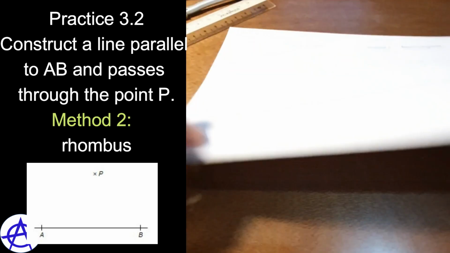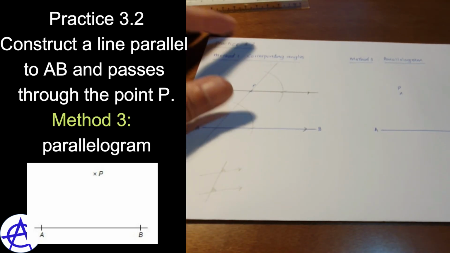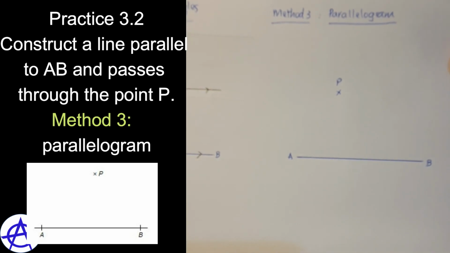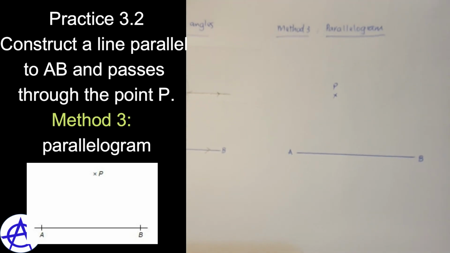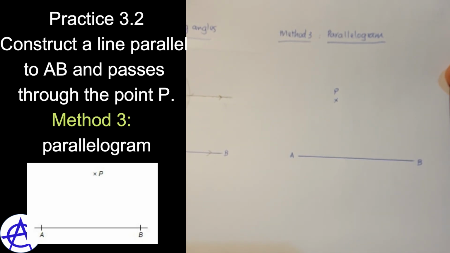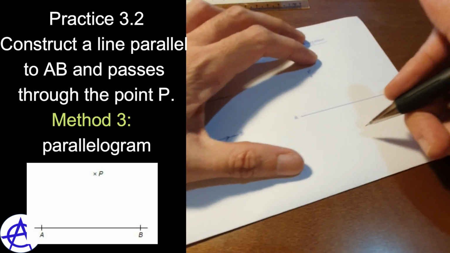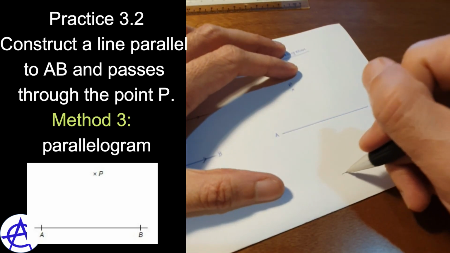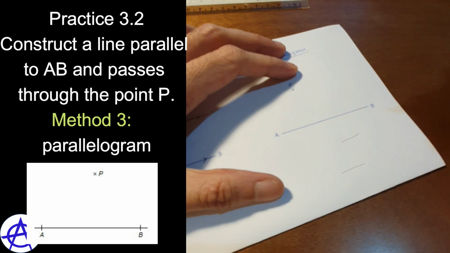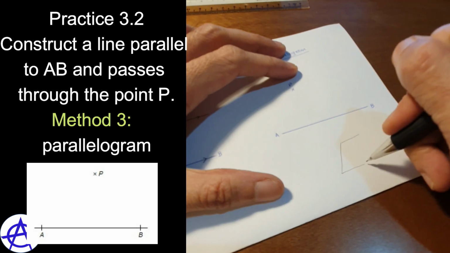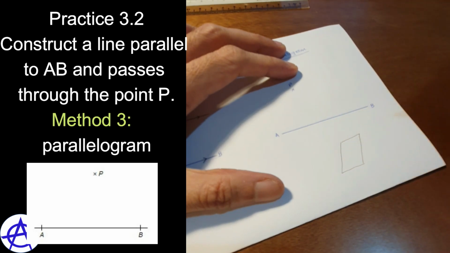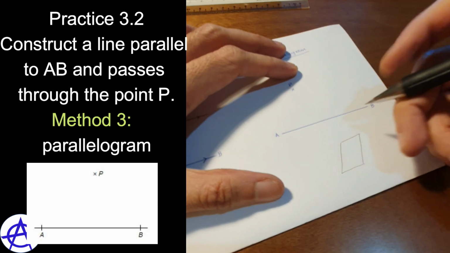Okay, then the third method is using a parallelogram. What is a parallelogram? A parallelogram is a kind of quadrilateral where the opposite sides are equal in length and parallel. This and this are equal in length and parallel, and these two sides are equal in length and parallel.